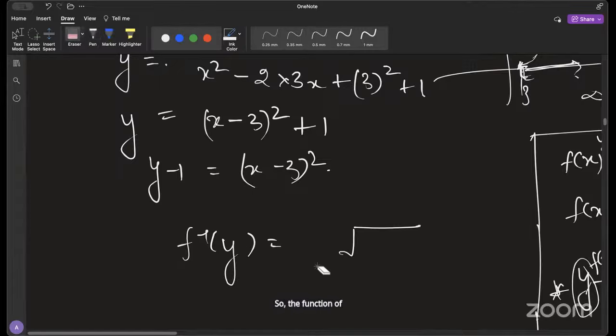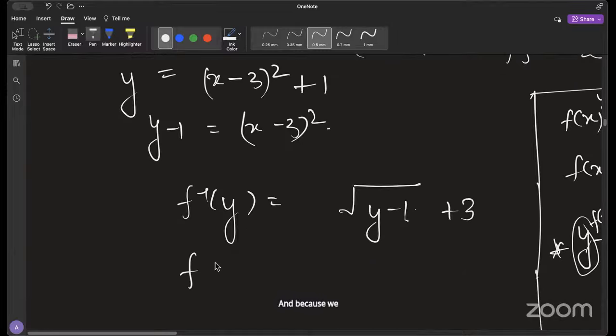If you take the function of y, you have the square root of y minus 1, and then plus 3. And because we prefer functions in terms of x, we prefer the variable to be x, so it's this.